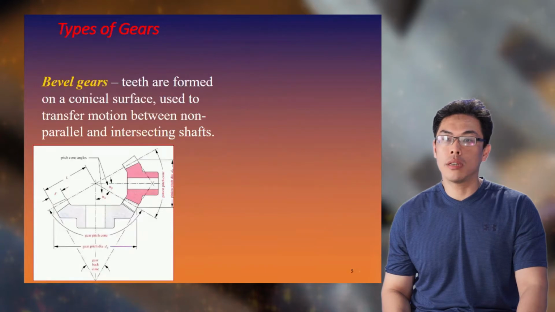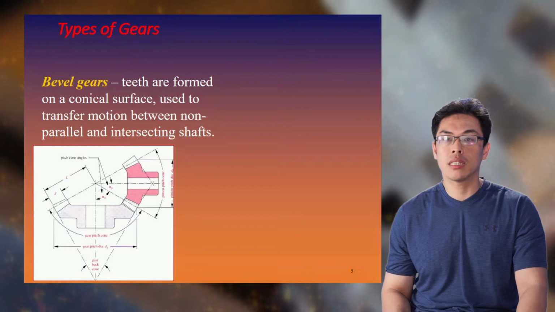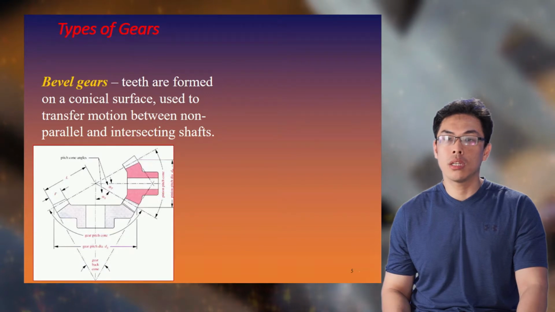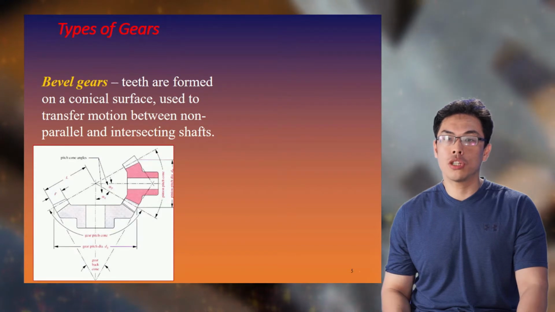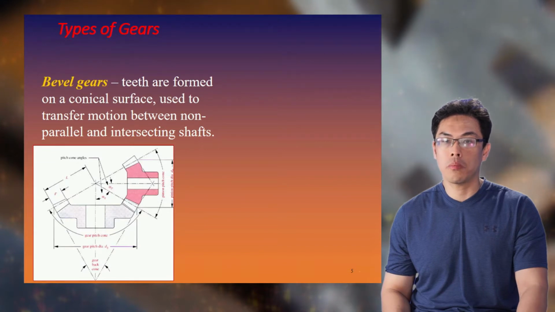Bevel gears have teeth formed on a conical surface, used to transfer motion between non-parallel and intersecting shafts. Bevel gears are useful when the direction of a shaft's rotation needs to be changed. They are usually mounted on shafts that are 90 degrees apart, but can be designed to work at other angles as well.